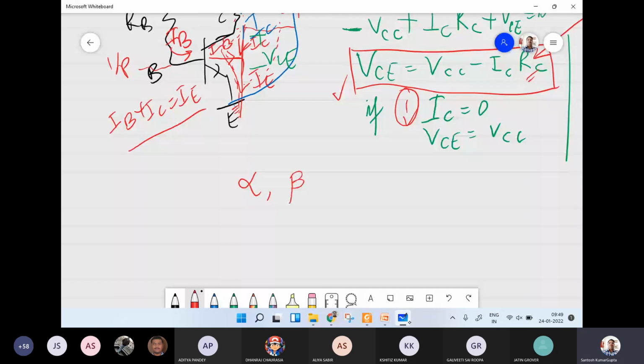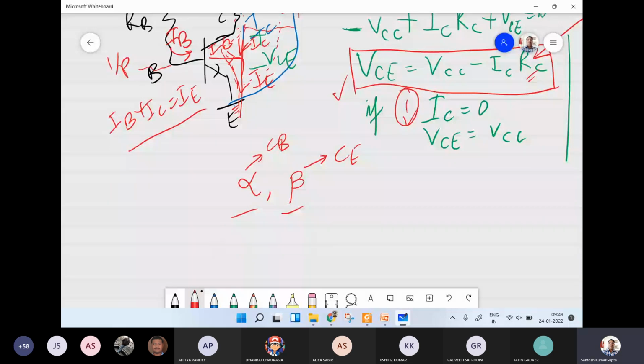Alpha was for common base and beta was for the common emitter configuration. So if we know either of these, then most of the things can be calculated using the transistor equations, and we don't actually need the family of curves for that.